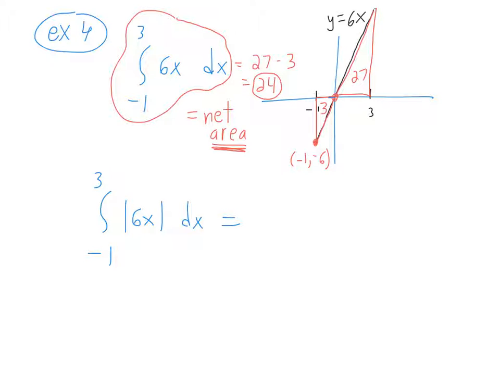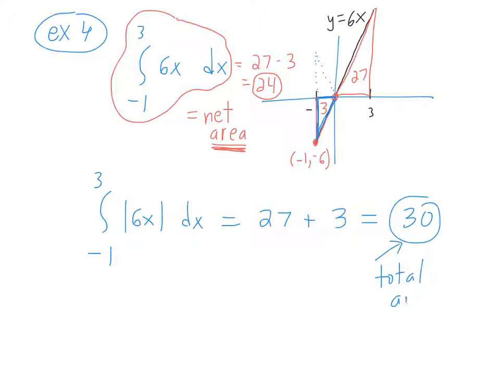So this region down below is really going to be reflected over that x-axis. So graphically now, if that were to happen, we would be looking at an area that is all positive. So we would have 27 plus the 3, which would give us a total area of 30. So please make note that this is known as the total area, whereas the definite integral gives us what we call a net area.